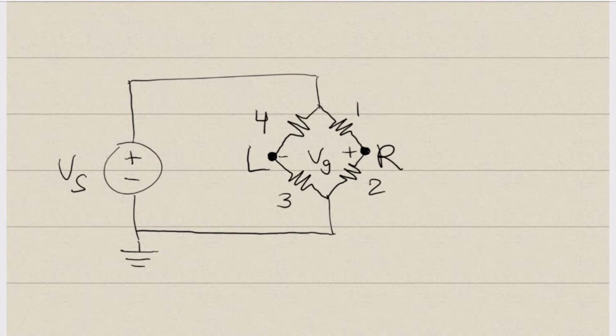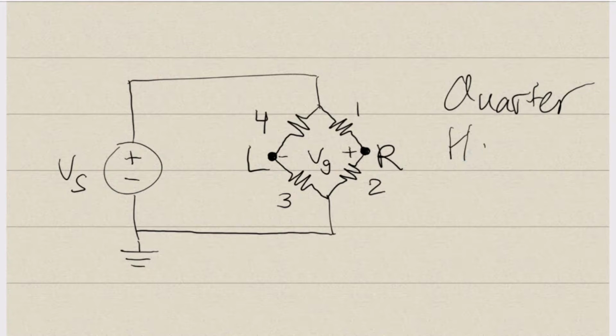There are several configurations of Wheatstone bridges, and each one may be useful in different applications. There is a quarter bridge configuration, a half bridge configuration, and a full bridge configuration.